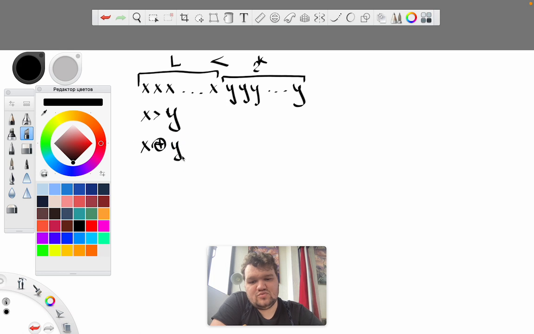If it is smaller than y, we can just XOR like that, and we will have 2L times x XOR y, and then the remaining of y's. What if it's bigger? Which is possible.